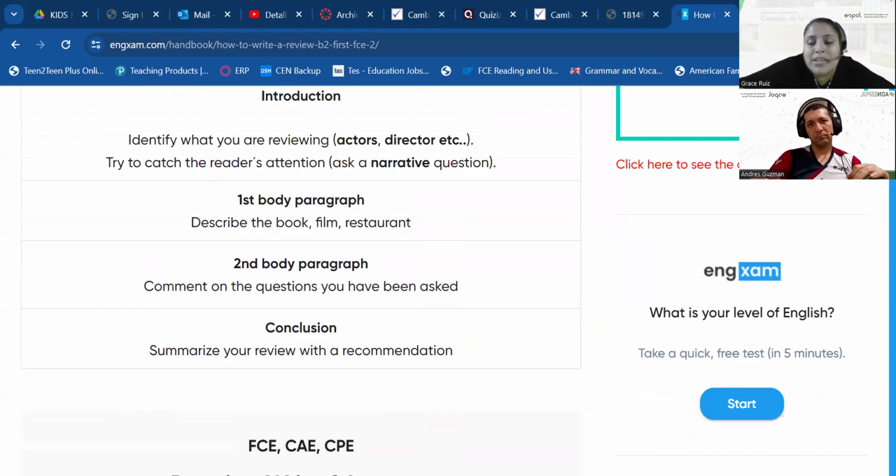Maybe you can do a narrative question. A narrative question is, for example, have you ever tasted the best chocolate in the world while having breakfast in a lake?